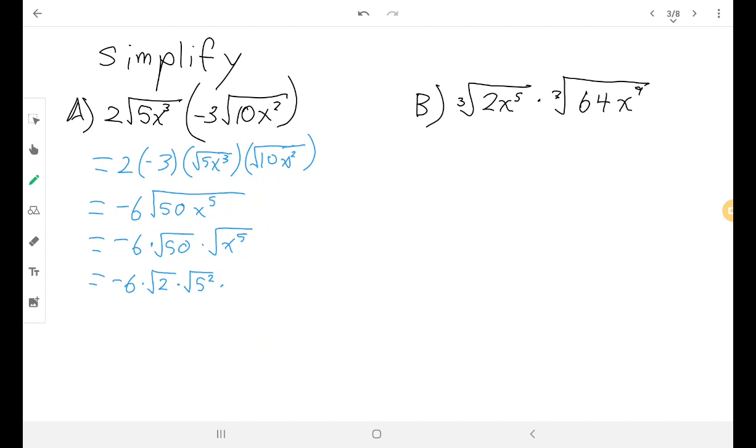We could write that as a fractional exponent. If I do that, it'll be x to the 5 over 2 power. And I could leave it that way. It is perfectly okay and perfectly acceptable to leave it that way.